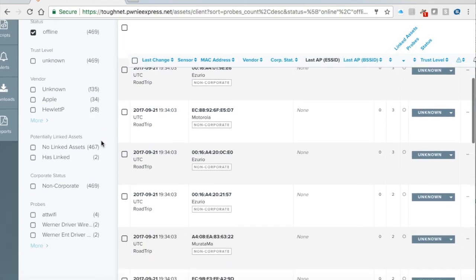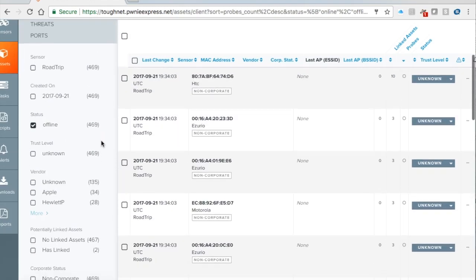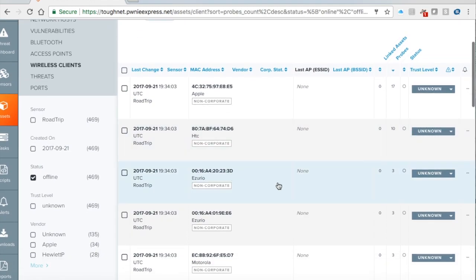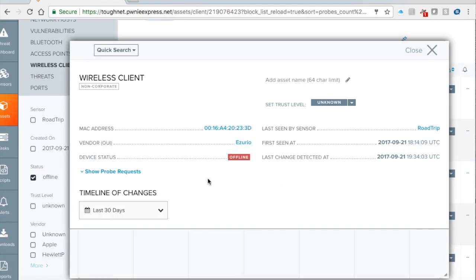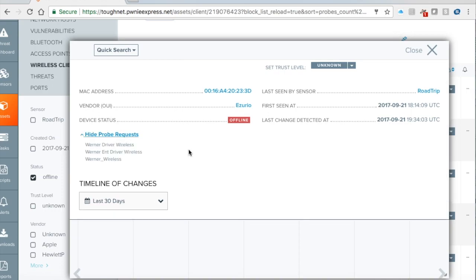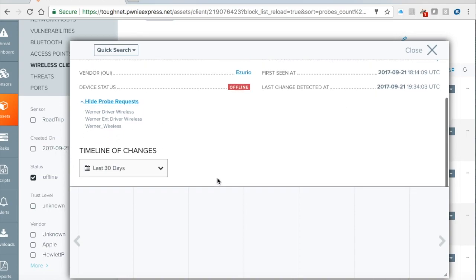But interestingly enough, we did see what I believe is probably a truck, most likely, or the system that they use for truckers, with this Warner Driver wireless SSID that was out there. Right, there's also a couple variations of that.